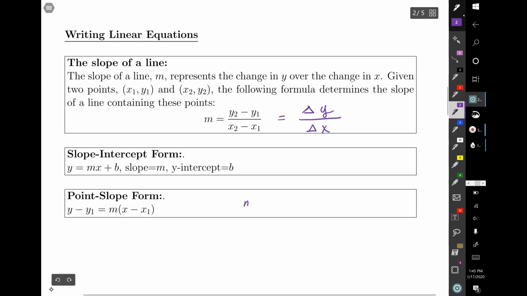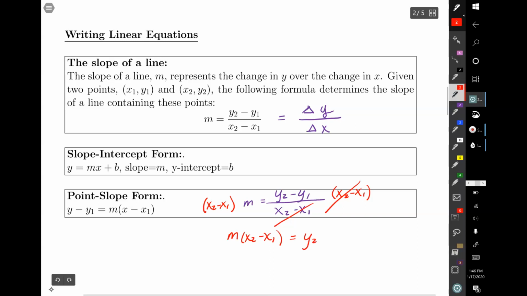If you were to take the slope formula, m equals y sub 2 minus y sub 1 over x sub 2 minus x sub 1, and multiply both sides by the LCD, x sub 2 minus x sub 1, then you would end up with m times x sub 2 minus x sub 1 equals y sub 2 minus y sub 1.